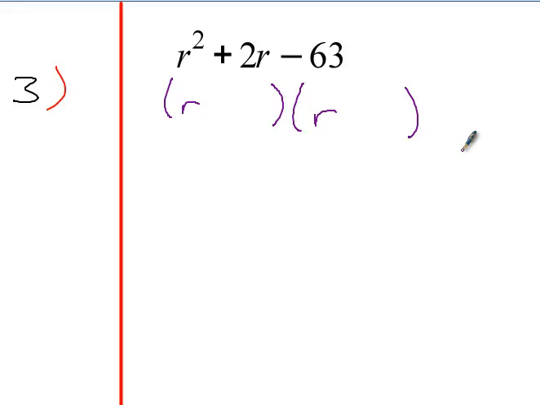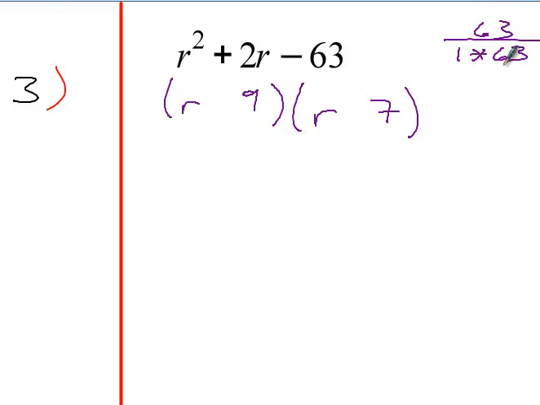So that's my A is already done, right? Okay. So I need 2 numbers that multiply together to get what? And are we going to be adding or subtracting the factors? Subtract them to get what? 2. So give me 2 numbers that multiply together to get 63, but when you subtract them, you get 2. 9 and 7. For those of you that are like, what is he talking about?